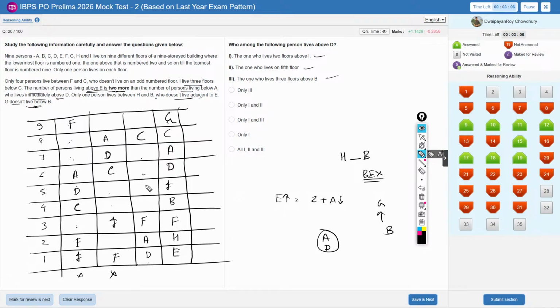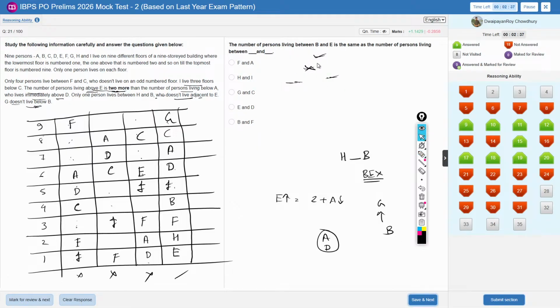CF 1, 2. I here. Okay, so AD here. So 1, 2, 3. E. Then H cannot be possible. So this one. Who lives above D? The one who lives on the 3rd floor above B. 1, 2. Yes. So 1 and 3.